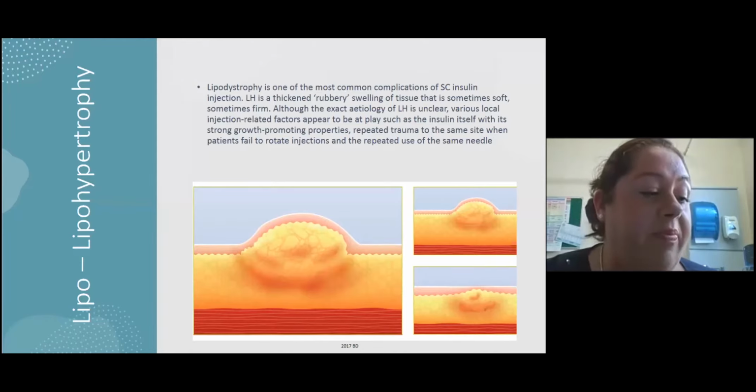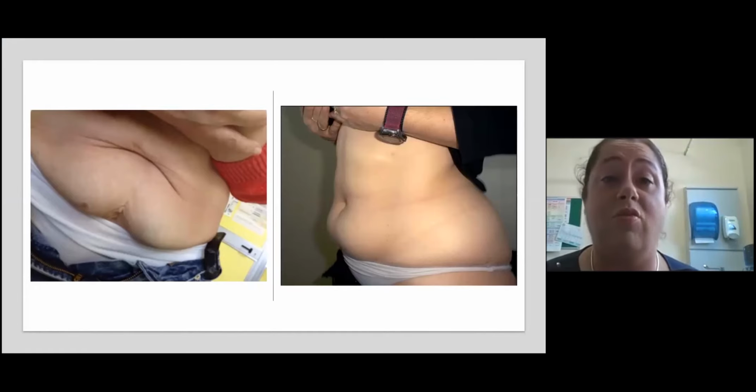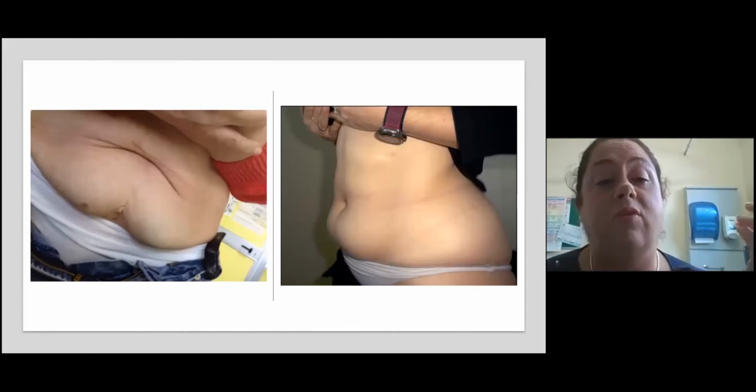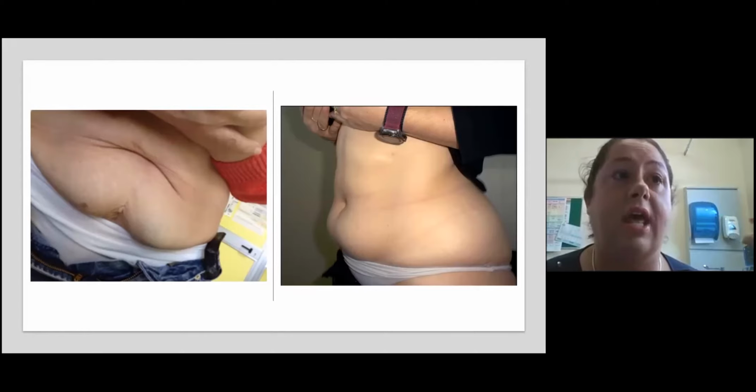I'm sure, as healthcare professionals, you have seen this so much, but you'd be amazed at the amount of patients that actually don't know what it is, and they just think it's normal. And this is despite, and I'm basing a lot of this today on what I do in my practice, that I educate about injection sites and rotation from day one, from diagnosis.